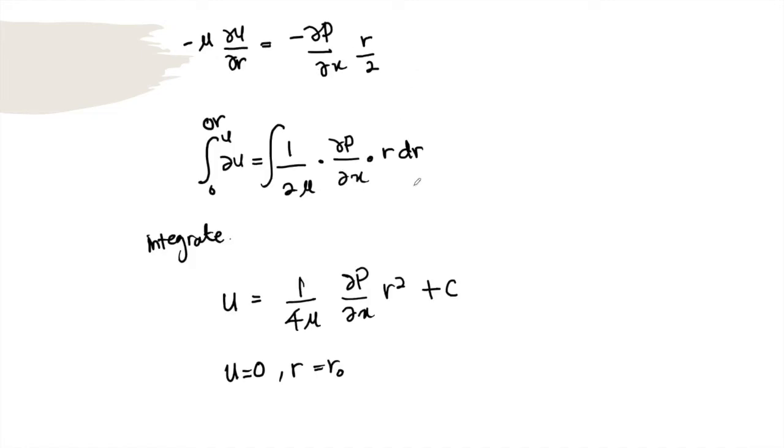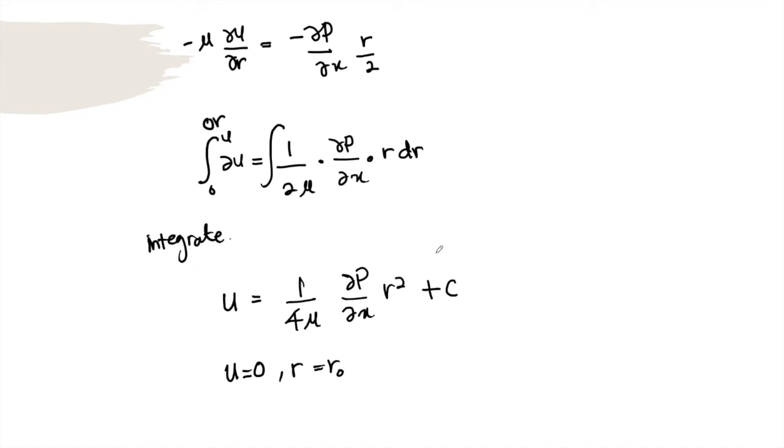When we substitute that value, we will get the equation for C: negative del P over del X, R naught square over 4 mu. So that is our constant, and we substitute our constant into this equation.